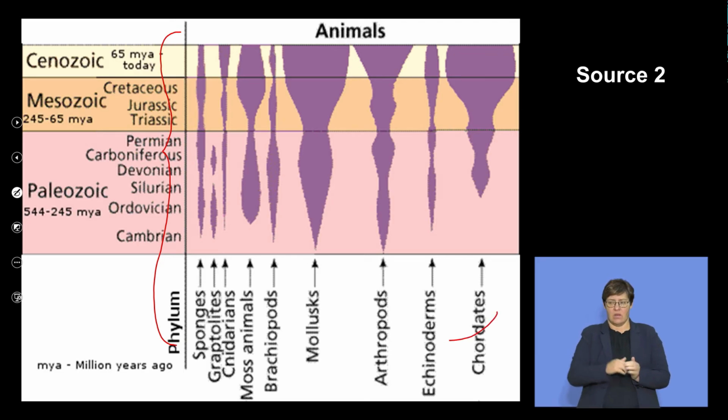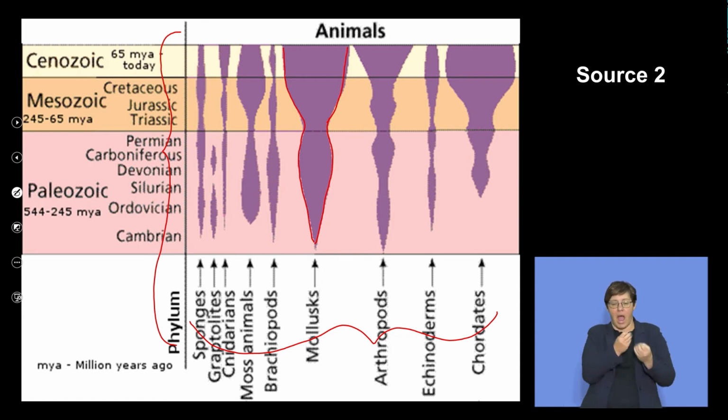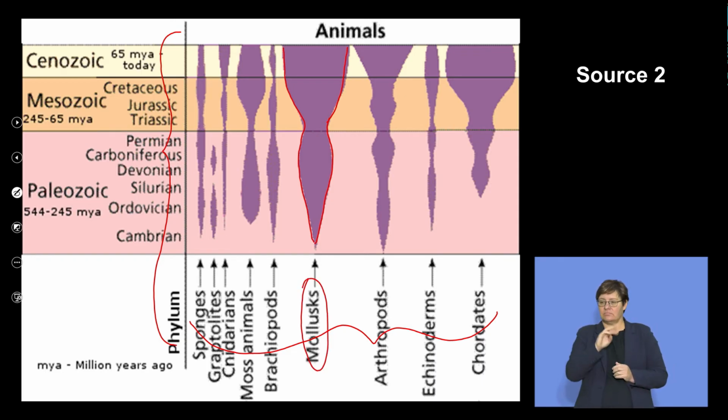At the bottom is a variety of different living organisms, and what these purple things are, it's almost like a bar graph, but the width of the bar actually gives you an indication of the biodiversity. In other words, how many different types of mollusks. And if we have a look, what I've just been outlining is mollusks, and there's actually quite a lot of different types of mollusks.